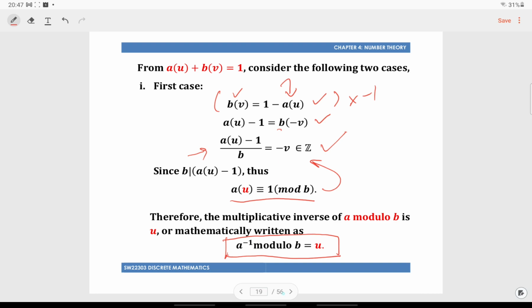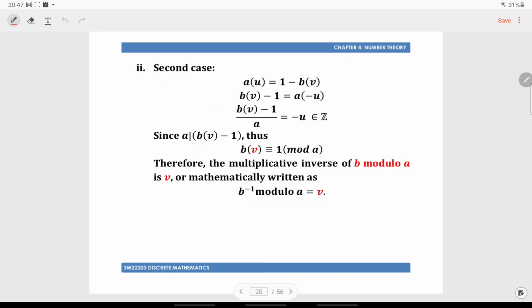In the second case, we take bv instead of au to the other side. So now we have this equation. Similarly, if we multiply this equation by negative 1, we obtain the second one: bv minus 1 equals a times negative u. If we take a to the left hand side, we obtain the third equation.